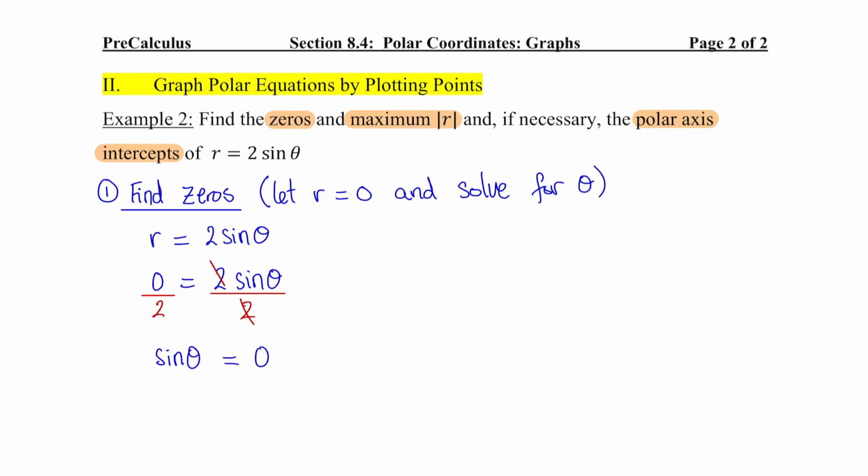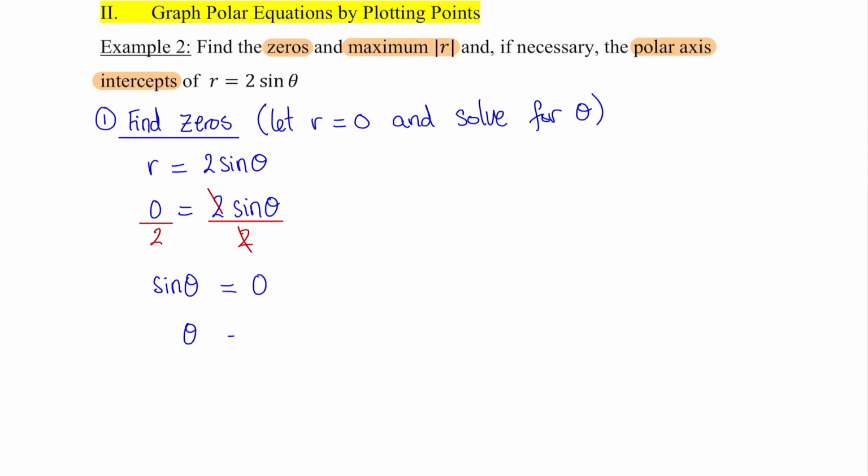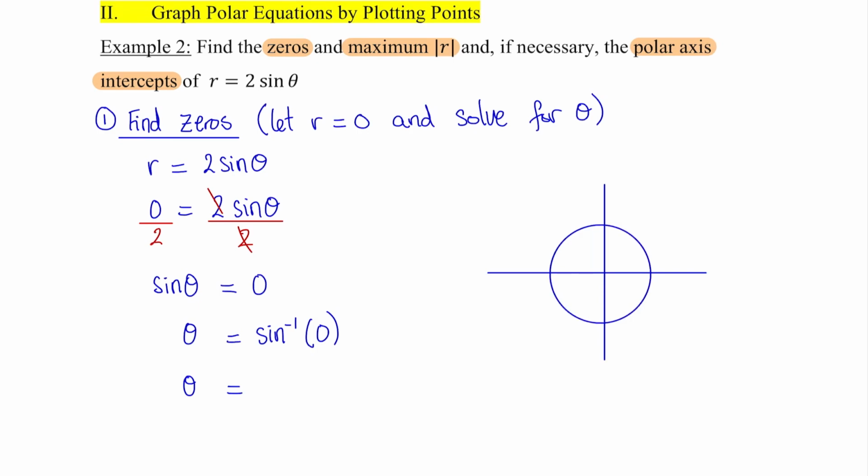And I'm looking for theta. So theta is sine inverse of 0. I don't have a unit circle, but I have a circle here. At this angle my sine is equal to 0. Also at this angle, and this angle. At these 2 points I have 1, 0 and negative 1, 0.